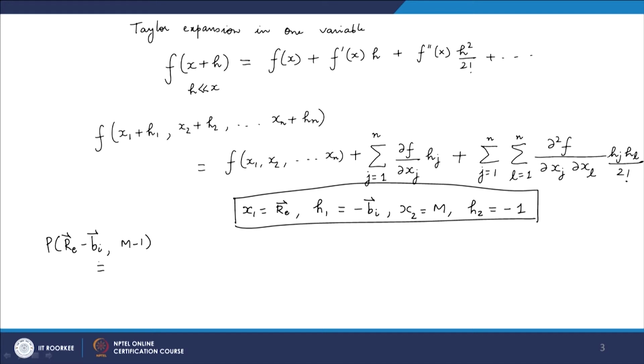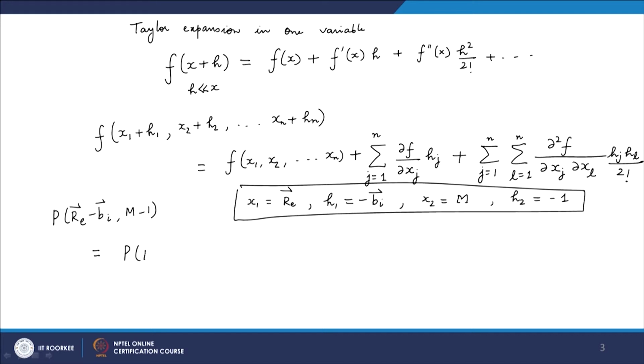So, if I use this and I use the relation I have just derived, this is equal to P of Re, M plus, now we have two derivatives, one with respect to Re and one with respect to M. So, we have ∂P/∂Re.